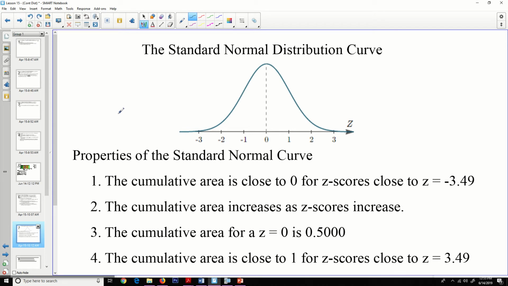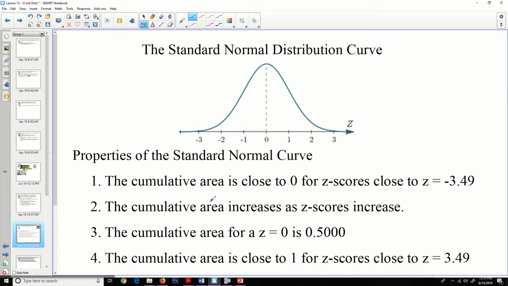So what they're saying is that if we start here on the left and go to the right, the cumulative area, if we start adding up the areas, as we get closer and closer to negative infinity, this curve tends to get closer and closer but never touches the x-axis. So once you go past 3.5 standard deviations somewhere over here, the curve is so close to the x-axis that the area underneath is almost 0.